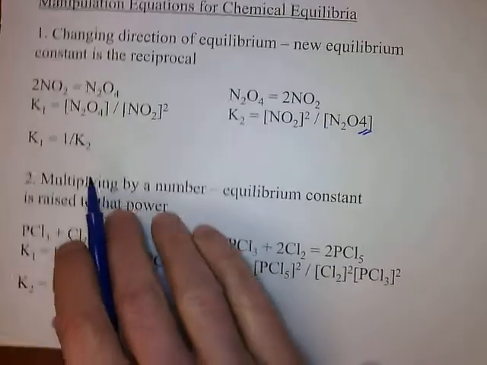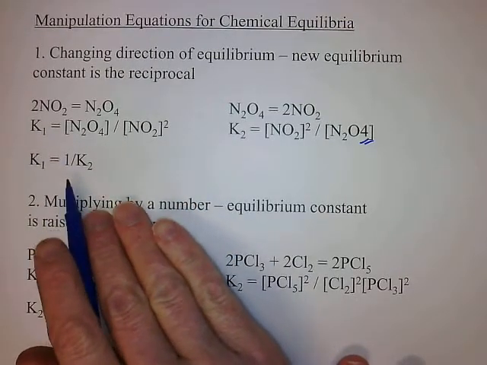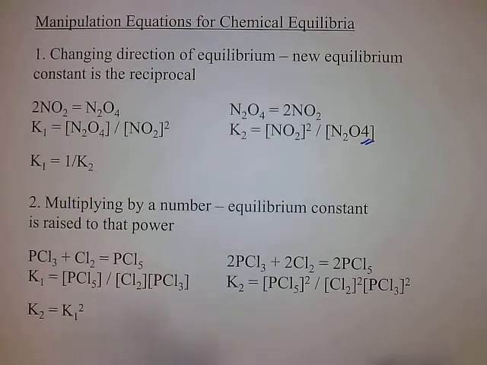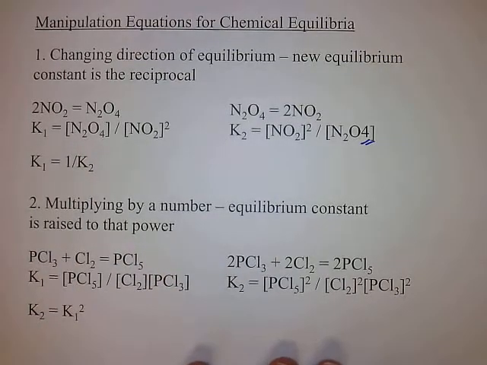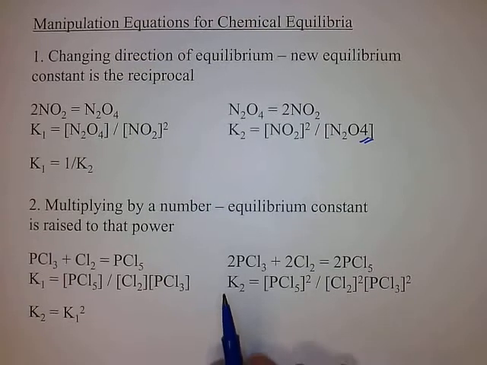We should be able to say this number is the reciprocal of the other, simply by the way we've set this up mathematically. If you reverse a reaction, what was on the top becomes the bottom, and vice versa. So the new equilibrium constant is a reciprocal.